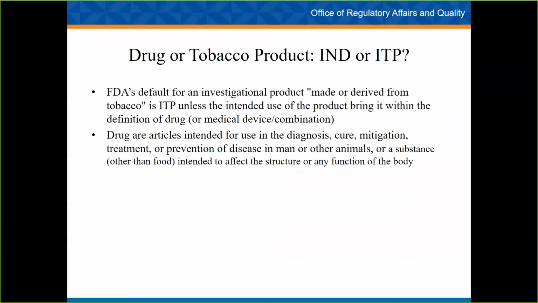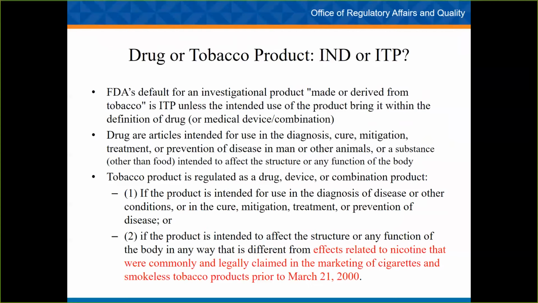Just to be clear, drugs are articles intended for use in the diagnosis, cure, mitigation, treatment, prevention of disease in man or animals or a substance other than food intended to affect the structure or any function of the body. So an investigational drug would require an investigational new drug application unless it meets certain exemption criteria, but we're not going to get into that today.